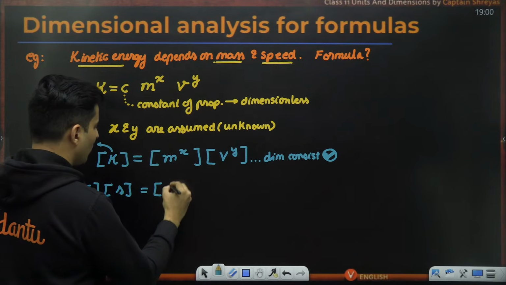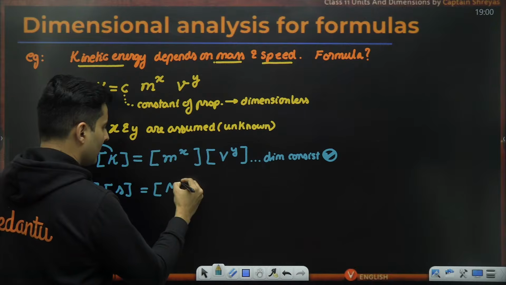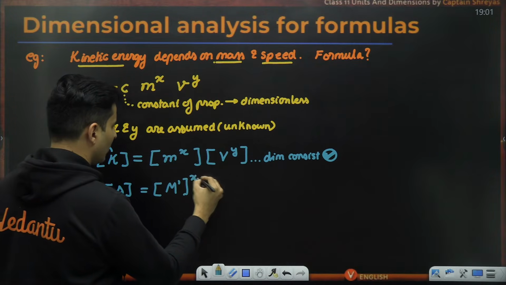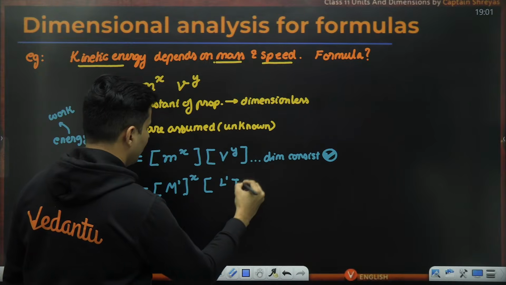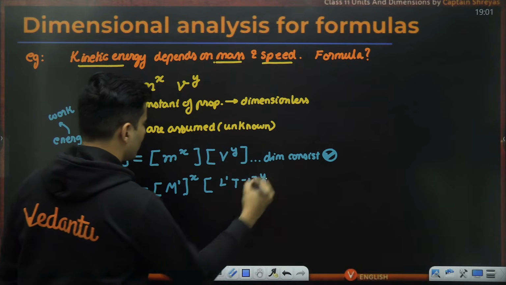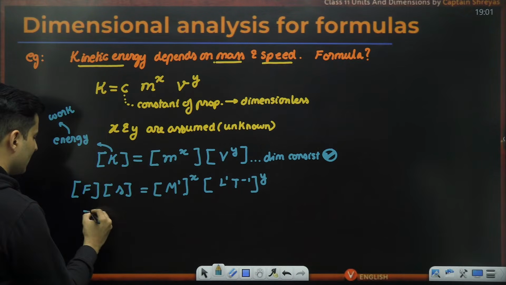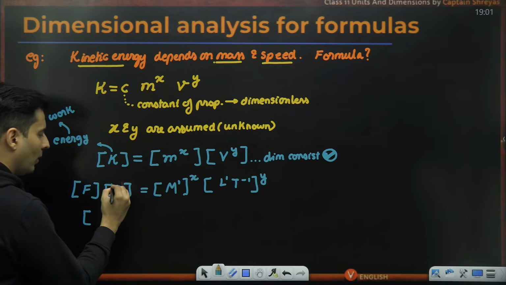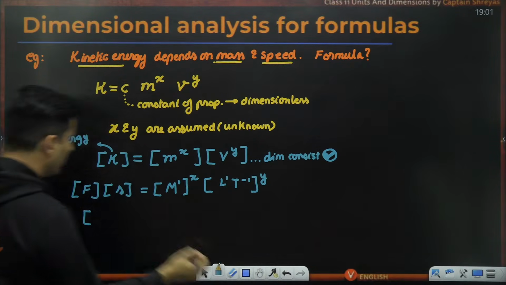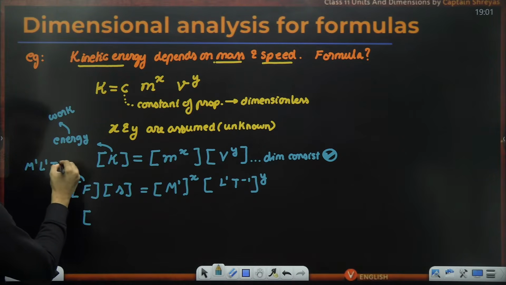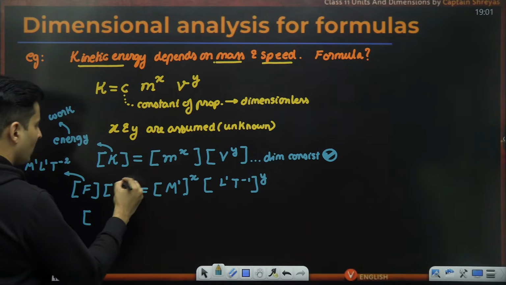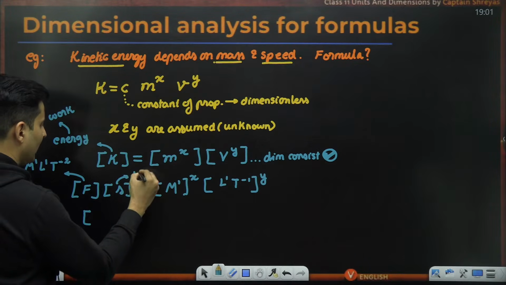This is mass, so M is raised to 1, the whole thing raised to x. Velocity, that is length raised to 1 by T raised to minus 1, the whole thing raised to y. Force was M^1 L^1 T^-2, sorry, and displacement is L raised to 1.